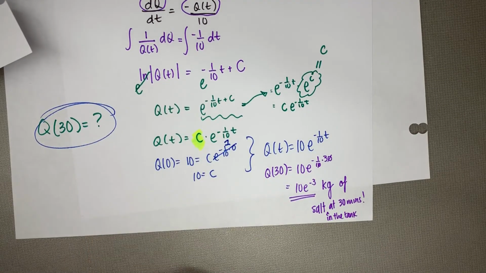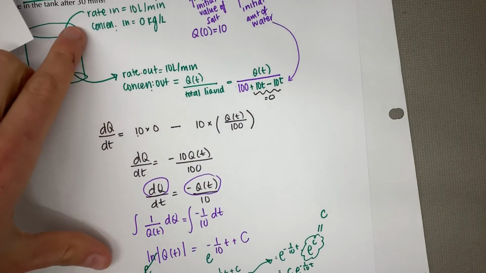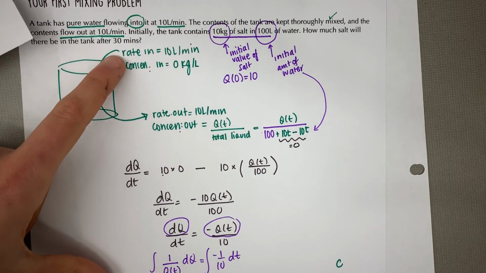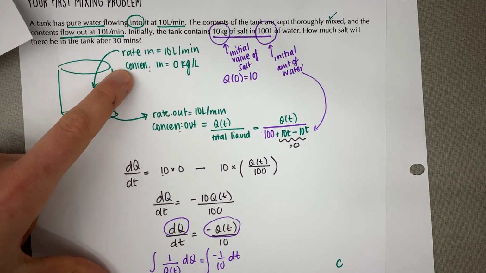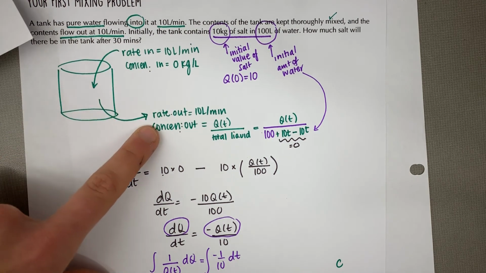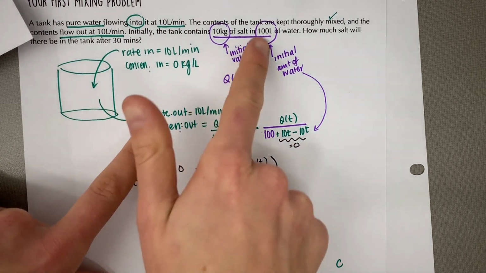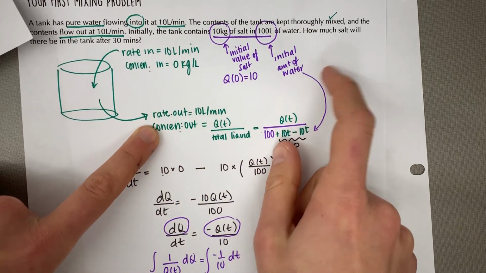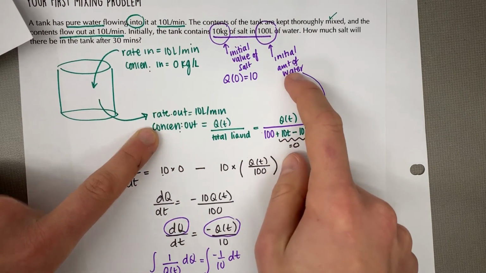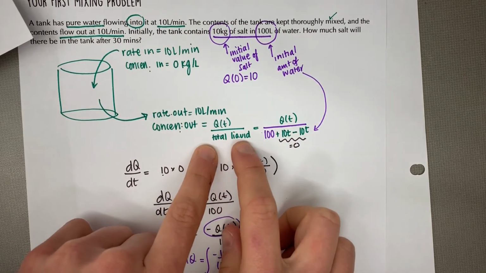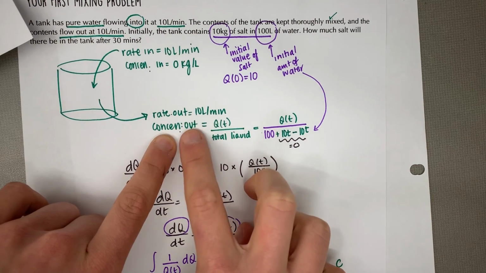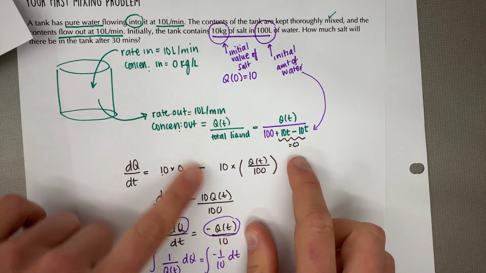So again, what we did is, from the context, we determined our rate in, our concentration in, our rate out, our concentration out. What does this mean? It's giving us an initial value of salt and an initial amount of water, which helped us find the total liquid in the tank at any given moment so that we can get that concentration out.